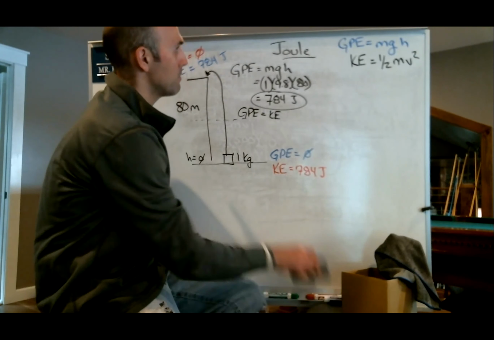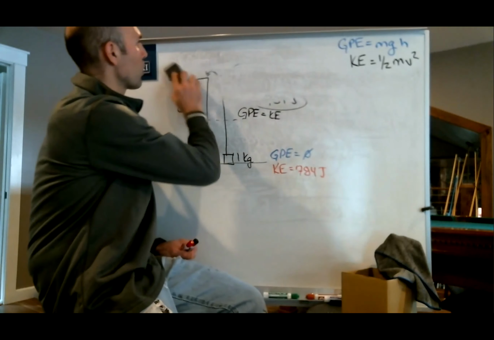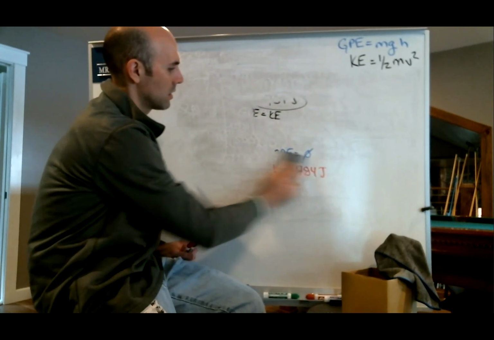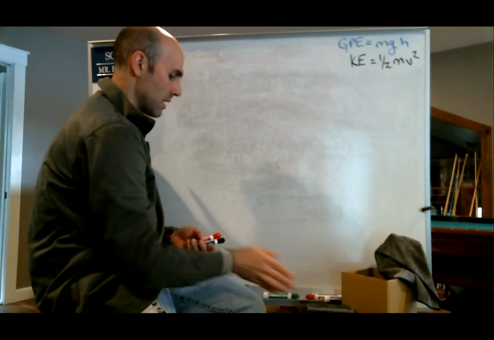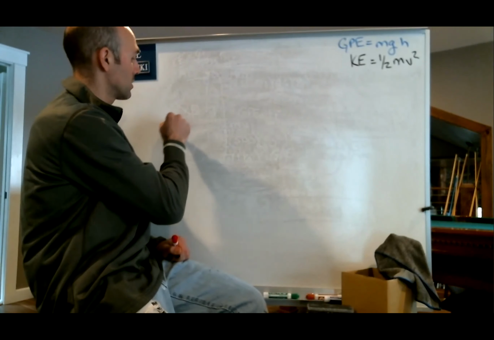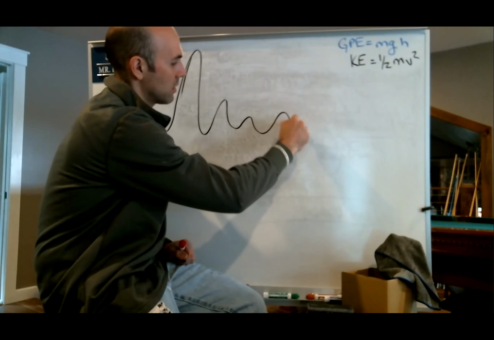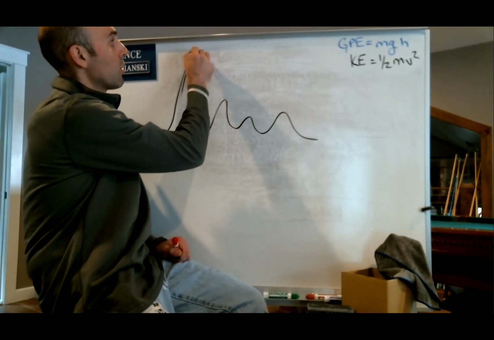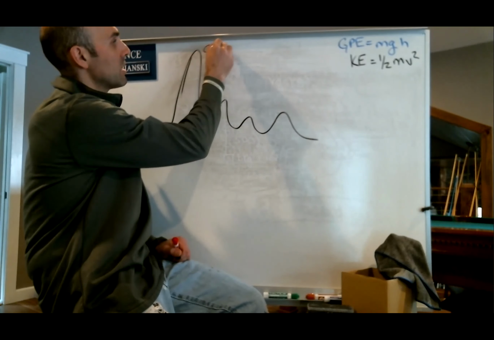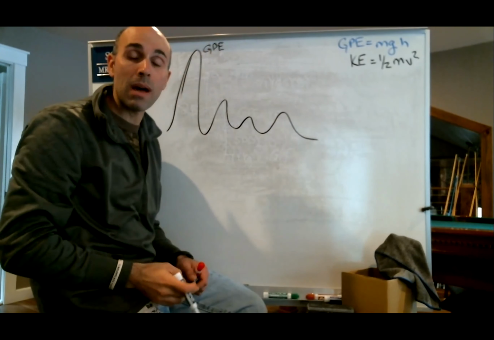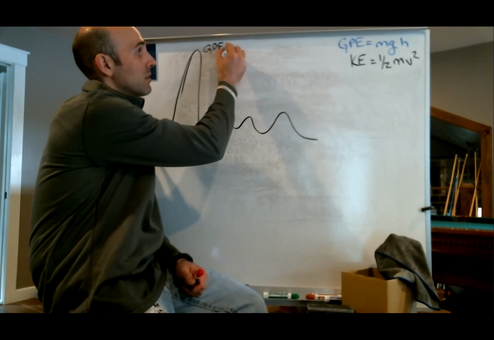It may be along the lines of, you have a roller coaster, and that roller coaster picks up all of its energy after the first hill. So all of its GPE up here, that's the total amount of energy we'll ever have, okay?